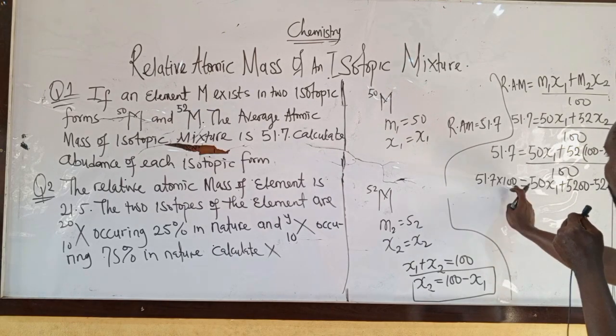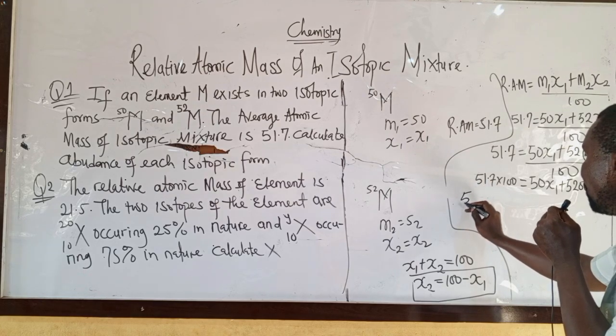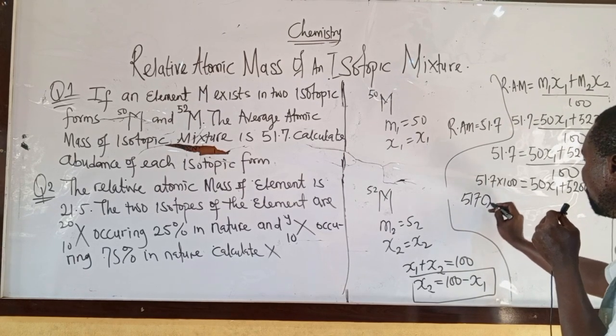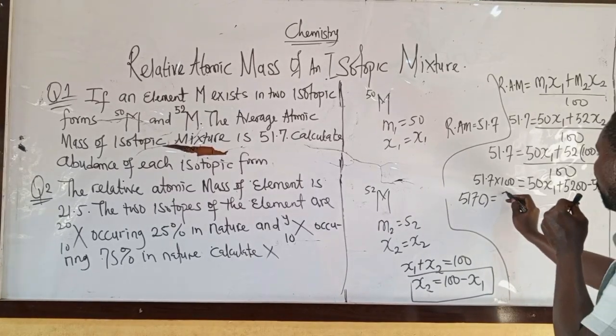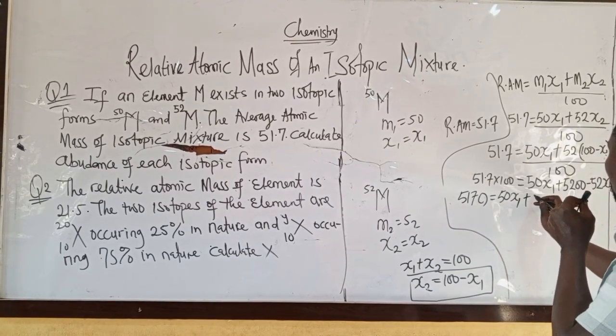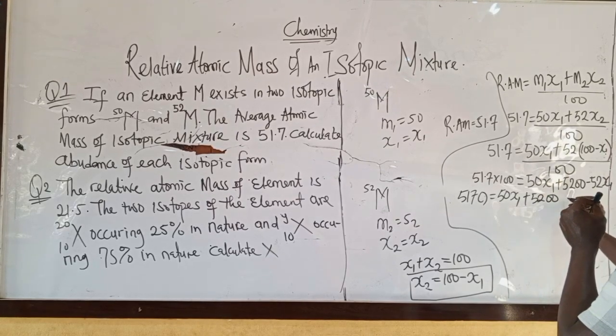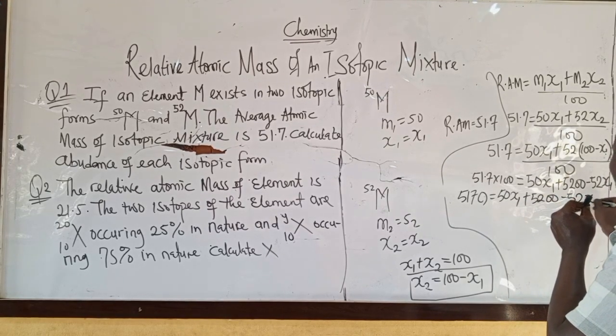Then from there, multiply this. 51.7 times 100 will give you 5,170 equal to 50x1 plus 5,200 minus 52x1.